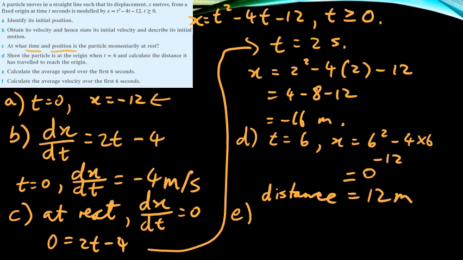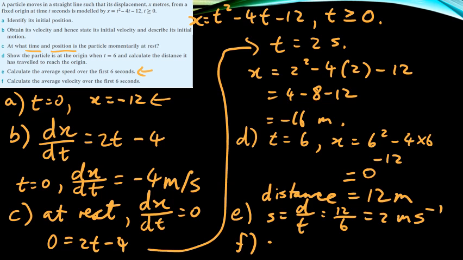Now we use our change in displacement over change in time. Sorry, not change in displacement. Speed is distance over time. What's our distance? 12. What's our time? How long? 6 seconds. Equals 2.